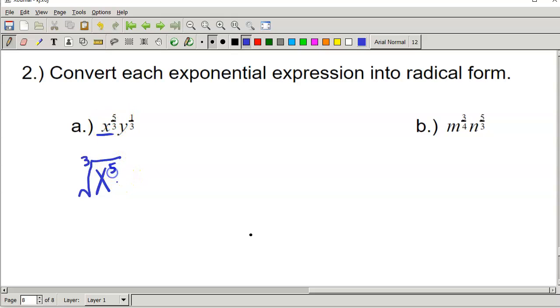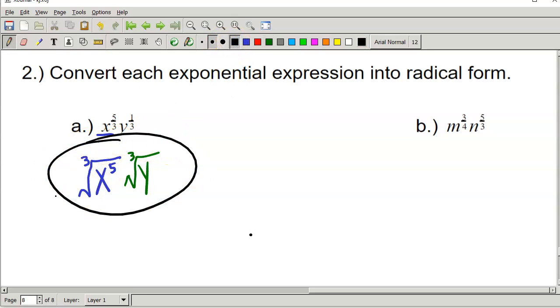So I'm going to keep that 5 in there. So that would be like the first one. The second one, this would be times y, and then I have a 1/3. So this is the cube root of y.